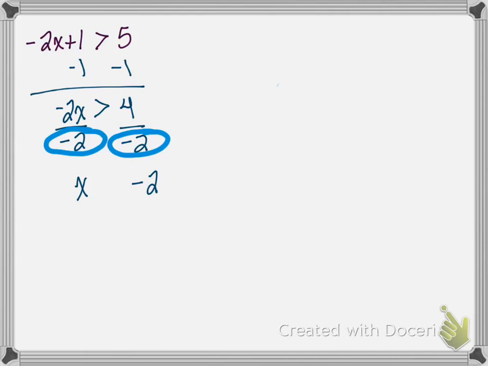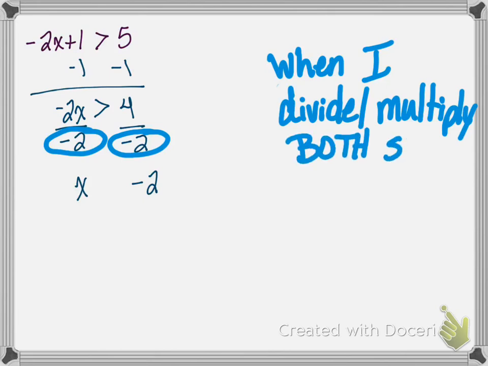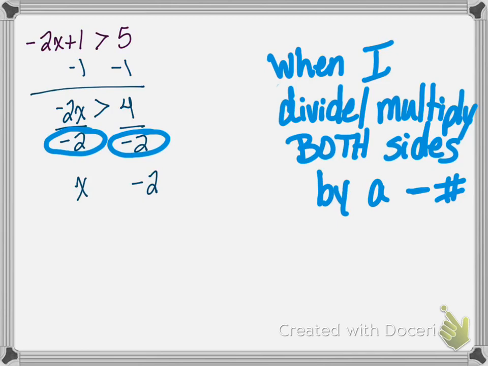Because I am dividing both sides, when I divide or multiply both sides, that's a key word. When I multiply or divide both sides by a negative number, that is when I reverse the sign, the inequality sign.